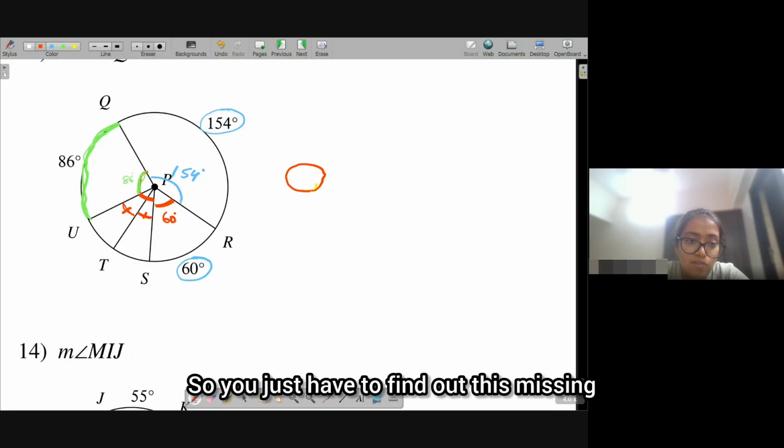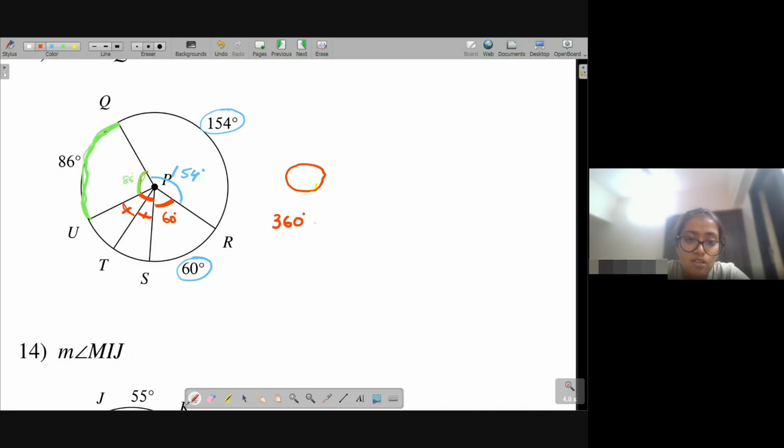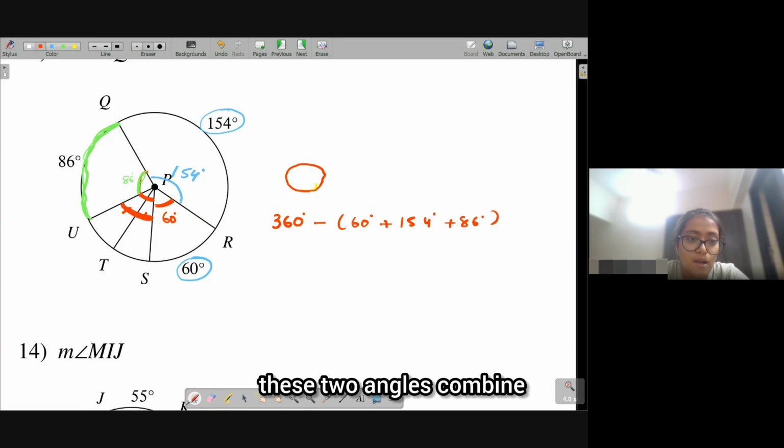You just have to find this missing piece, so you can subtract everything from 360. So 360 minus, sorry, 60 plus 154 plus 86. That will give you these two angles combined.